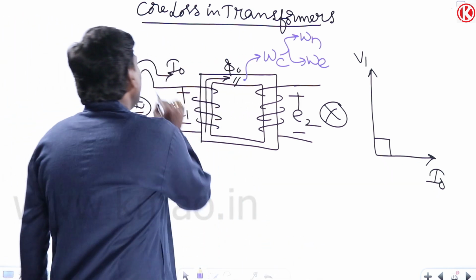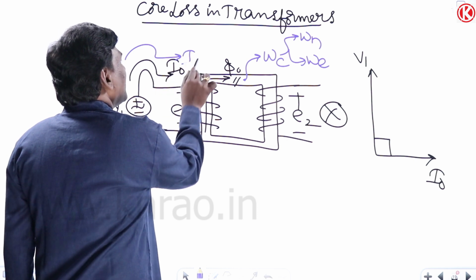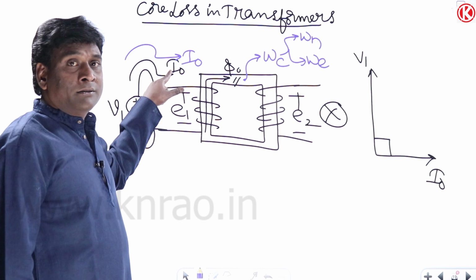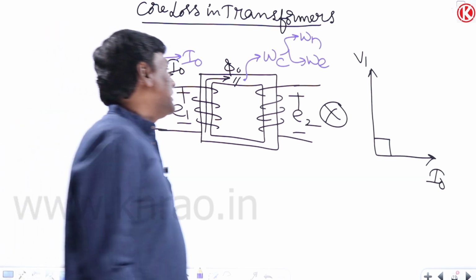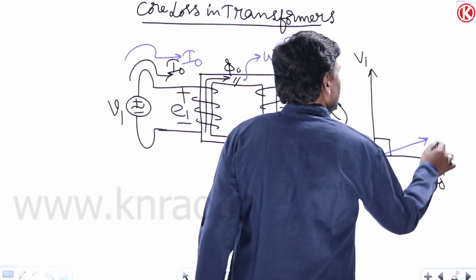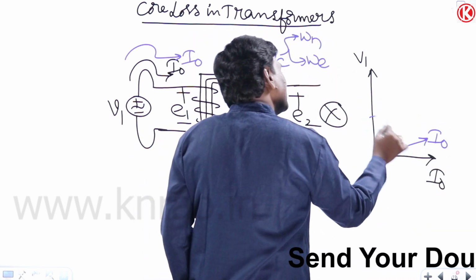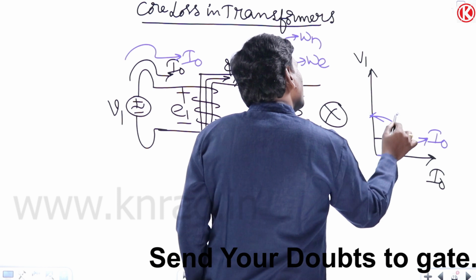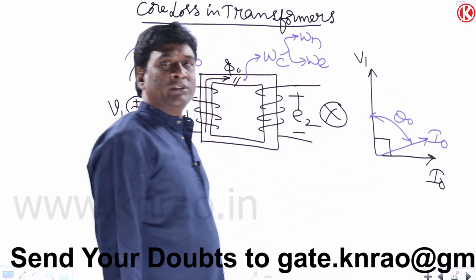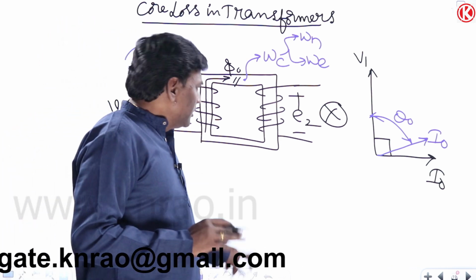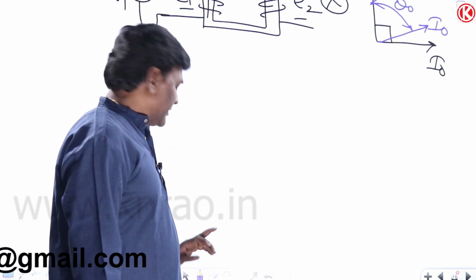Meaning that now, if you consider the loss component, or losses of the iron, my current should lag behind voltage by less than 90 degrees. Then only it will be able to supply power, no? V1 I0 cos theta naught, with theta naught less than 90, so my source is able to supply power. Get my point, right? Forget about it, more than that nothing is required.